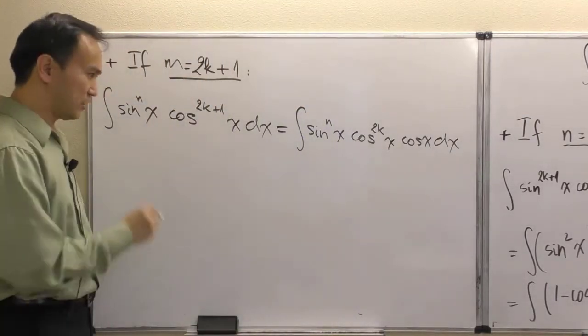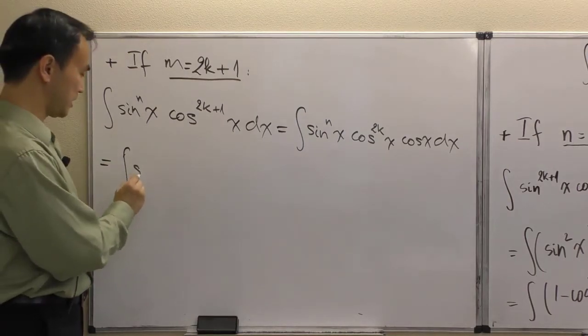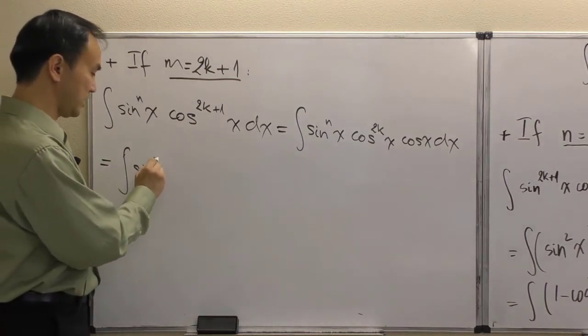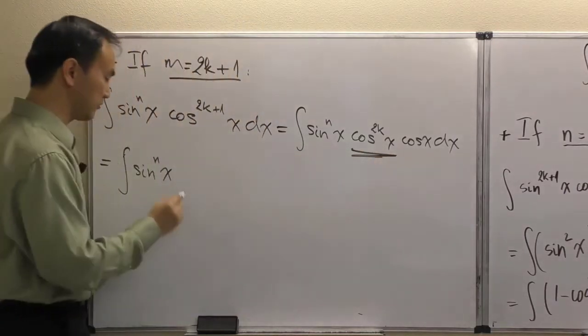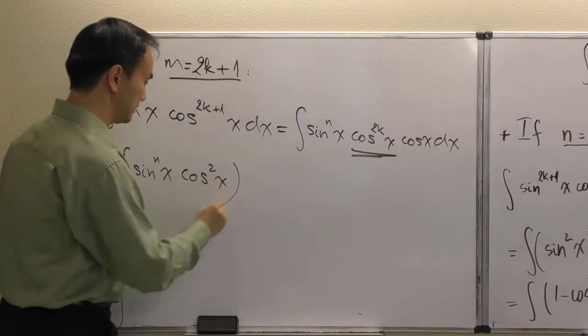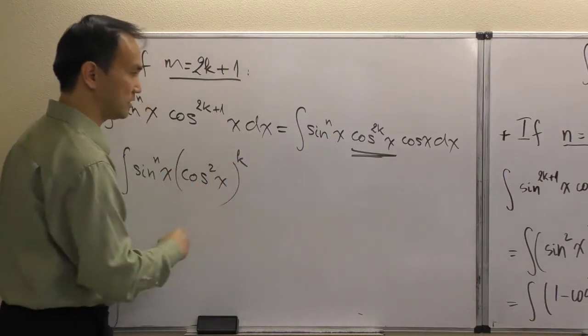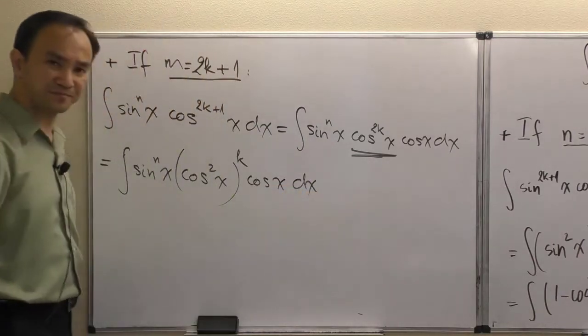So sine to the n of x times, and that's cosine right there, I'm going to purposely rewrite it as cosine squared of x to the k power times cosine of x dx.